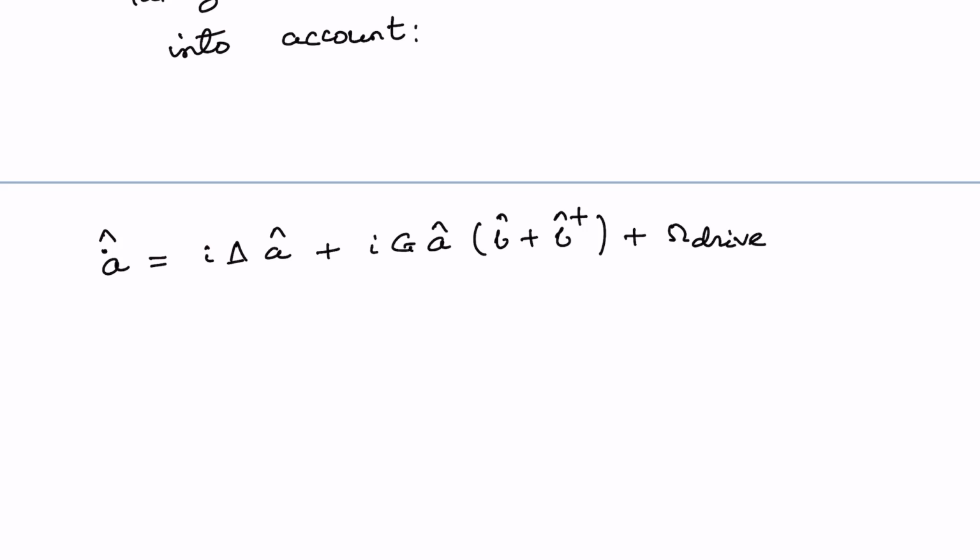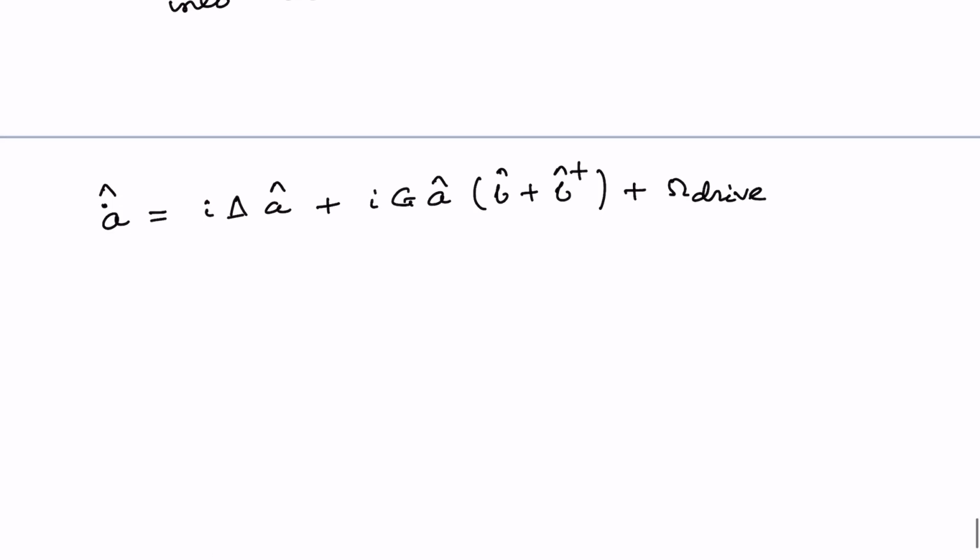This I got from the Heisenberg equation, and then phenomenologically I am going to add this dissipation term. The optical mode is decaying at the rate kappa by 2, and then quantum noise is entering the optical mode via this expression.